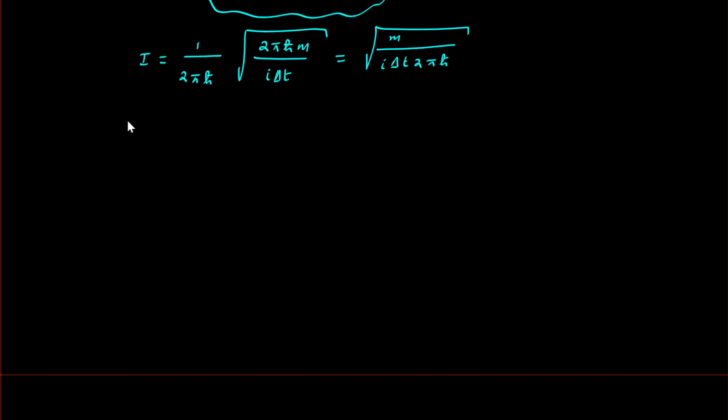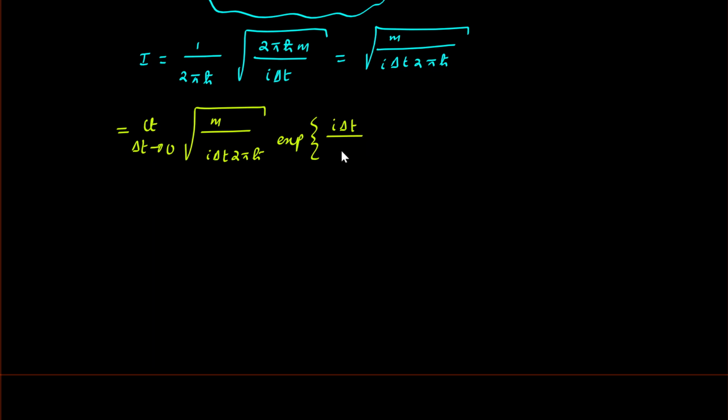So finally, we will get, at the limit delta t tends to 0, root over m divided by i delta t 2 pi h cross, exponential bracket i delta t divided by h cross, bracket m by 2 xk dot square minus V xk bar.